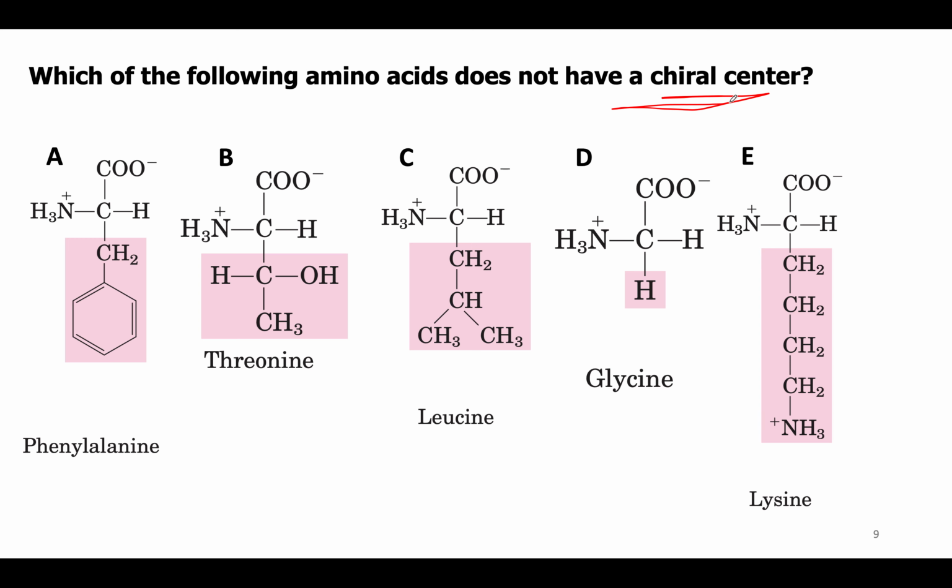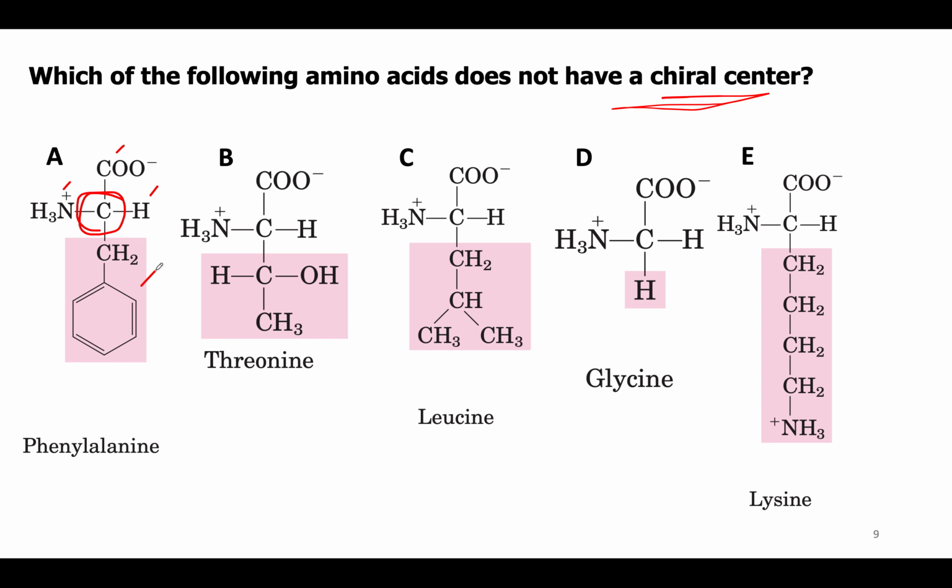When I mentioned the definition of chirality and chiral center, we talked about a specific aspect, which is that the carbon atom, in order to form a chiral center, should be bonded to four different chemical moieties.